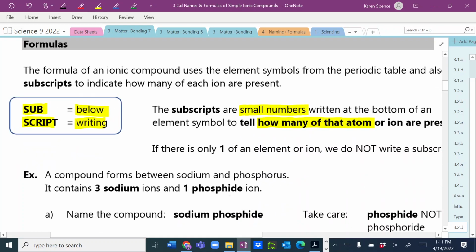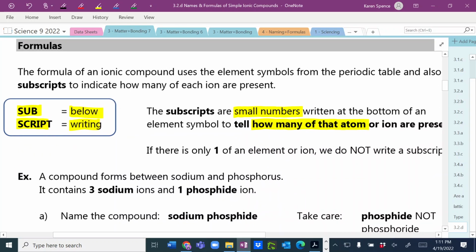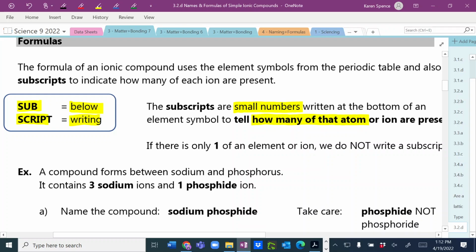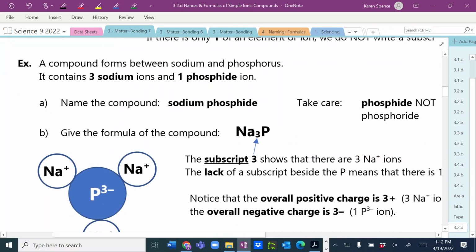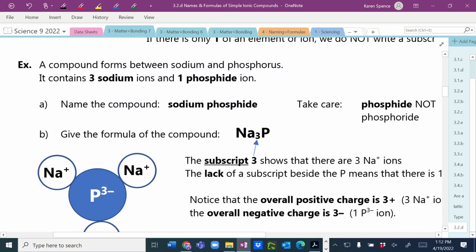But if there's only one, do we write a number? No. So sodium chloride, which is a 1-to-1 ratio, we don't write Na1Cl1, we just write NaCl. So here is sodium phosphide.